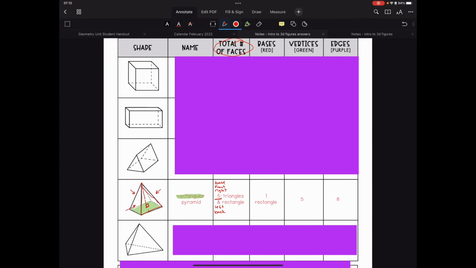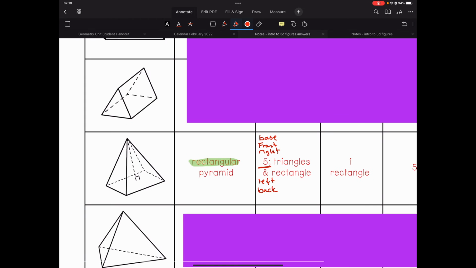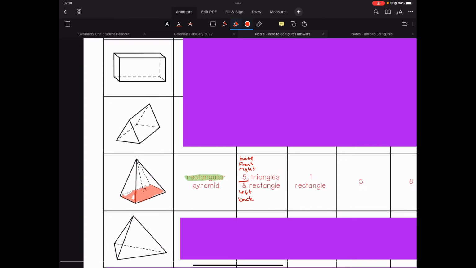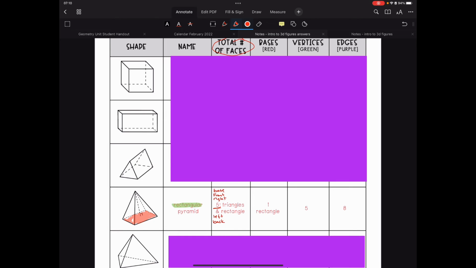Now it wants us to shade these in with these colors here, and I did the opposite. So let's try this again. Bases are going to be shaded in red. So here's my base shaded in red. It wants the vertices in green.